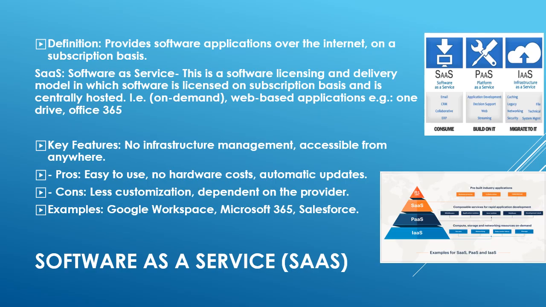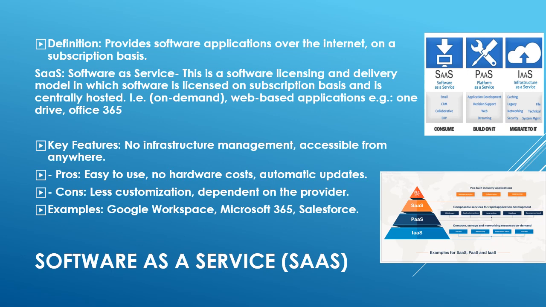So software as a service is a software licensing and delivery model in which software is licensed on a subscription basis and is centrally hosted. So they are also on demand. They are majorly web-based applications. So you could actually just type them as a URL over the internet.